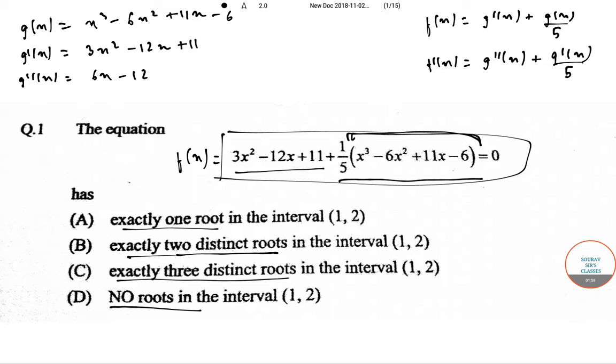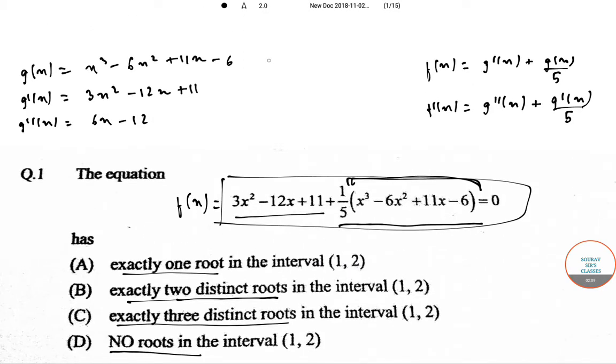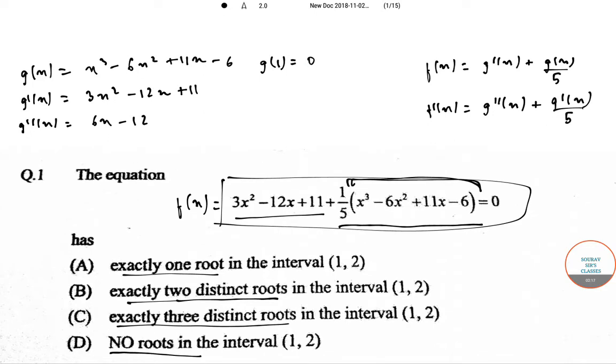Now taking x = 1, we get g(1) = 0 and g'(1) = 2, and g(2) = 0 and g'(2) = −1.